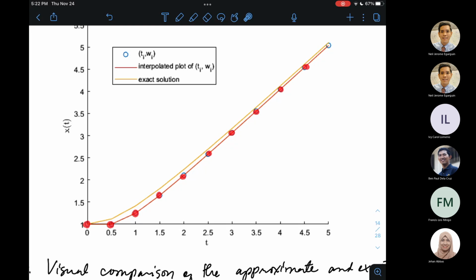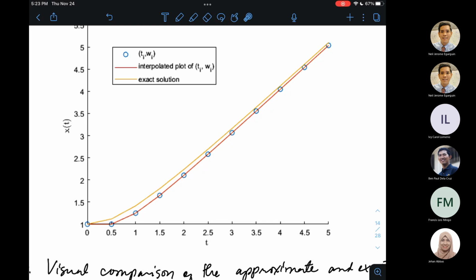So nakukuha lang natin instead of a continuous function, we're getting a bunch of points. And that's what the blue circles represent. Now, if you want to get an approximate function, kung hindi ka satisfied na points lang yung nakukuha mo, pwede kang mag-curve fitting doon sa mga data points and then connect the dots.